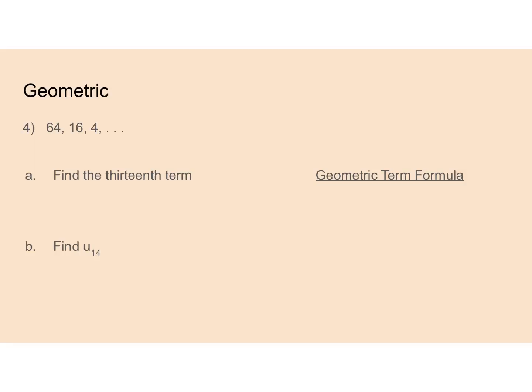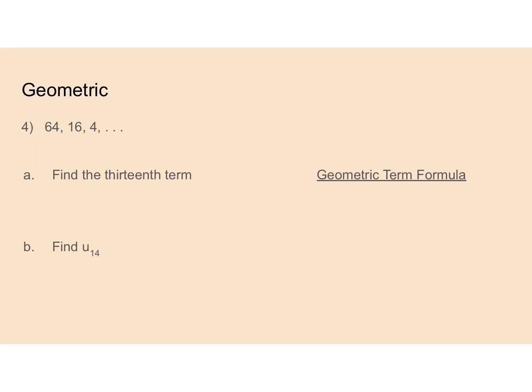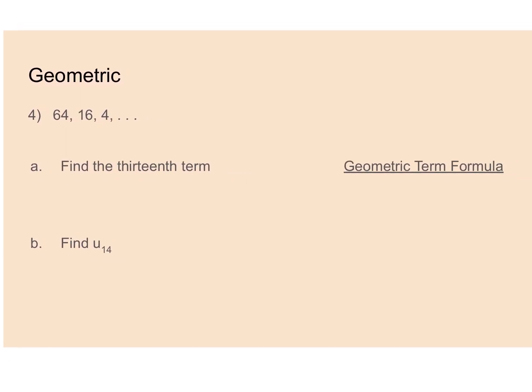All right. So here's a geometric. They say find the 13th term. I will write the formula right here. U sub 1 times r to the n minus 1. It all comes down to, do you know what this means? Do you know what this means?